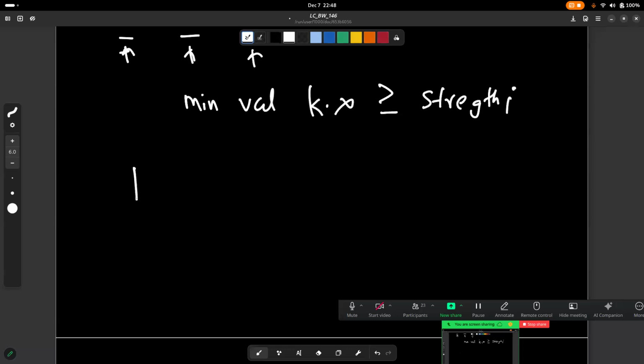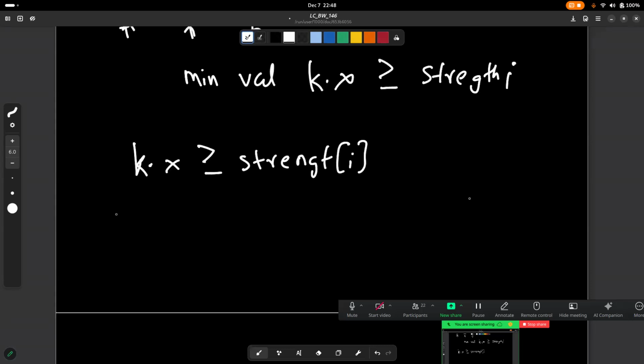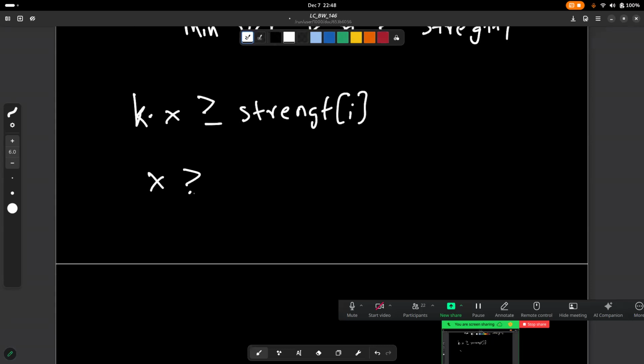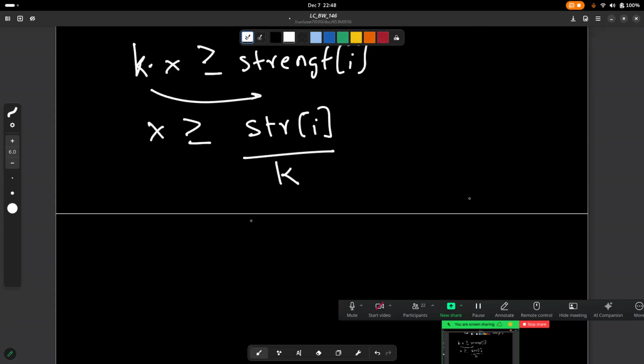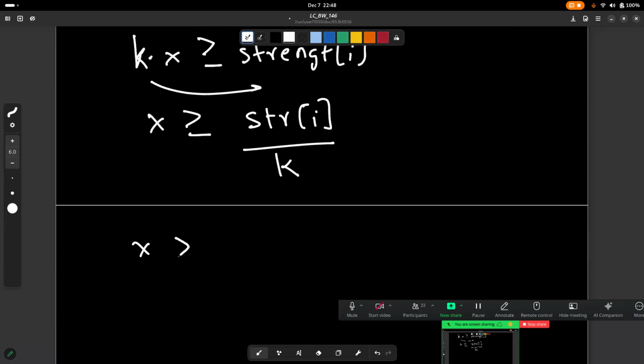And we can just manipulate this equation in this way. Let's say that k times x is greater than or equal to strength of i. Strength of i is basically the strength of the ith lock. Then you can say that k is greater than or equal to strength of i divided by x.